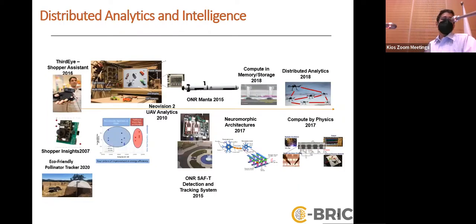Before that, I just want to give you a quick catch-up. I picked 2007 here because I believe that's the year that Chris finished. Theo finished a couple of years back. We have been continuing to work on many of these image sensing aspects.